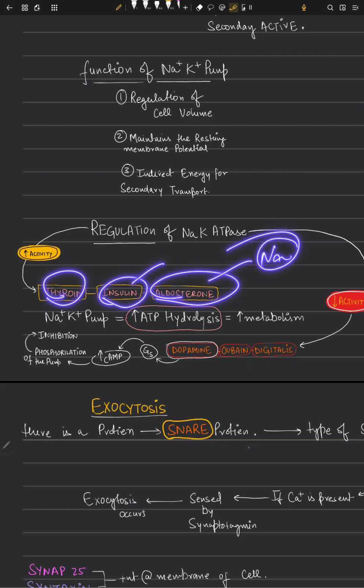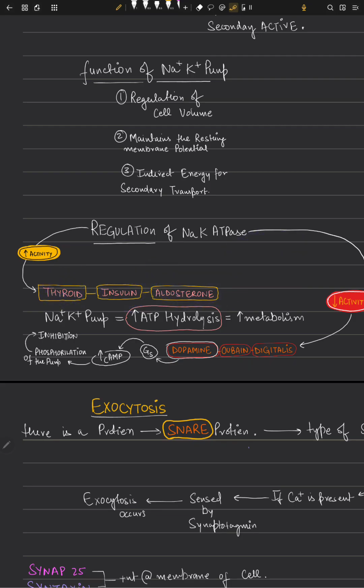Just remember this. Okay. When this sodium potassium pump increases, what does it do? It increases the ATP hydrolysis, and it increases the metabolism. What is ATP hydrolysis?